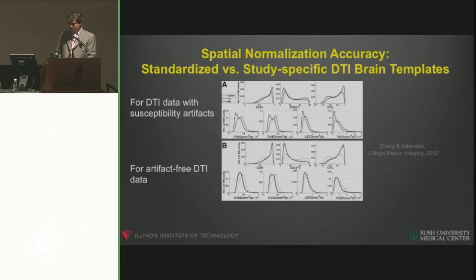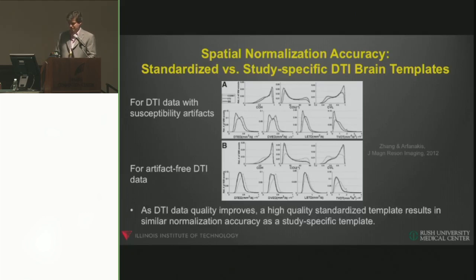However, when we used the artifact-free DTI data, we saw that the study-specific template and the IIT version 2 template gave nearly identical spatial normalization accuracy. So the conclusion from this is that as DTI data quality improves, a high-quality standardized template results in similar normalization accuracy as a study-specific template.